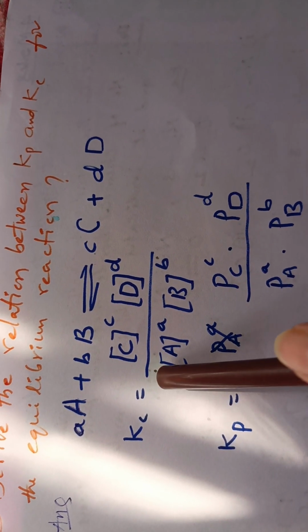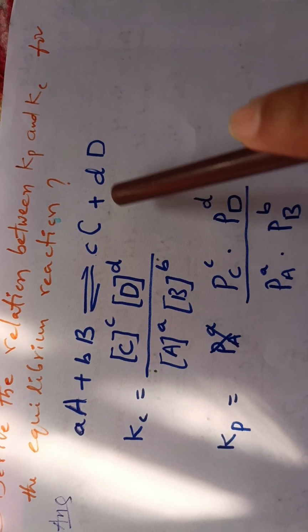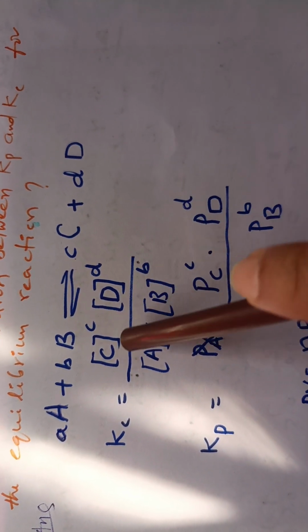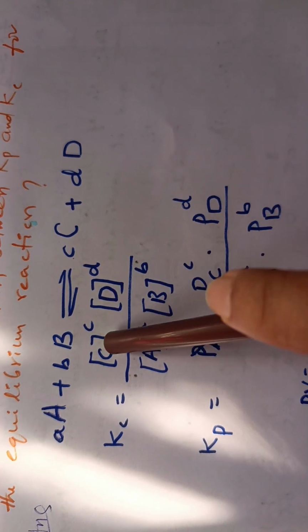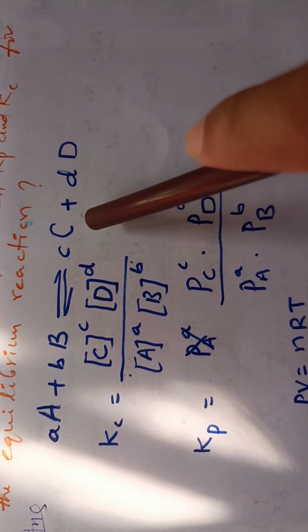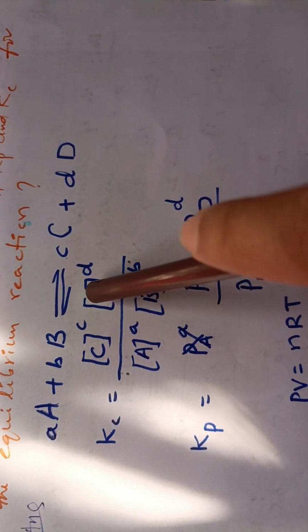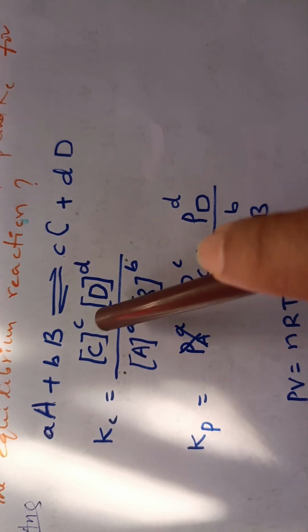Equilibrium constant means product concentration by reactant concentration. Product means multiplication. Product concentration means C and D are the products. Concentration means square brackets with their powers.